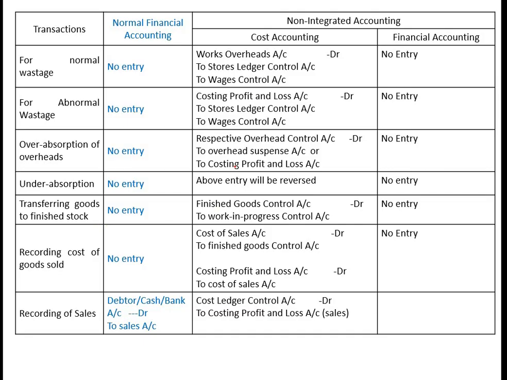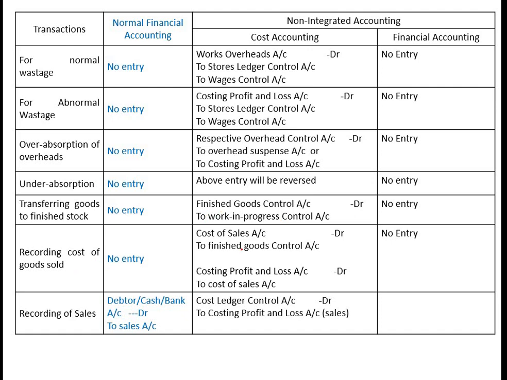So after pursuing all this production process, goods are now ready. So these goods will be transferred to finished goods control account debit to work in progress. Again, I am repeating, work in progress is one of the control ledgers where we are producing goods in a factory. So now the goods are being produced and it is now shifted to finished goods control account.